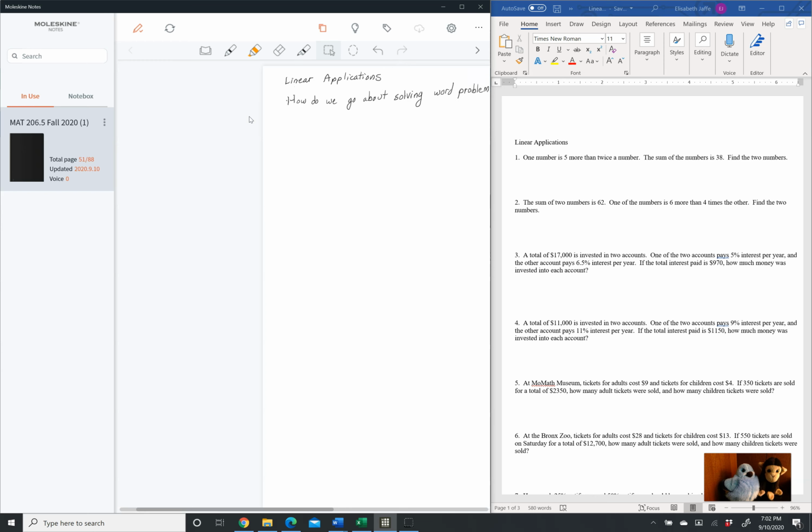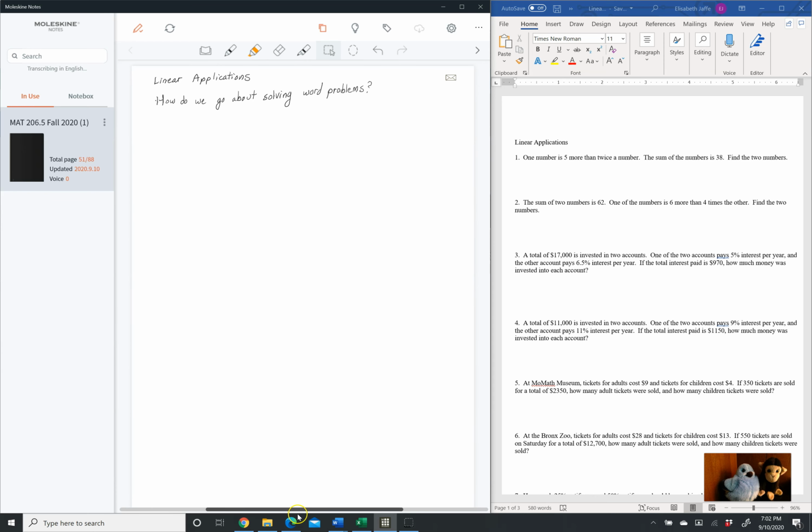Okay, and there is a step-by-step process that you can follow, and I apologize for the way that this is shifting. Unfortunately, I can't seem to make the side window go away, so that may mean that it shifts a little bit.